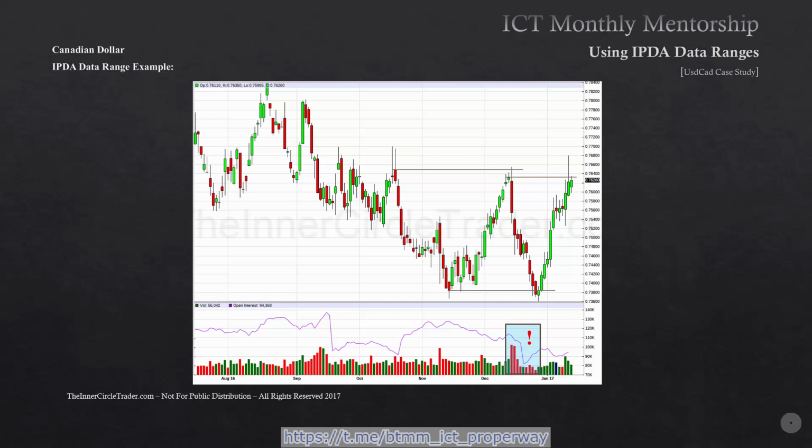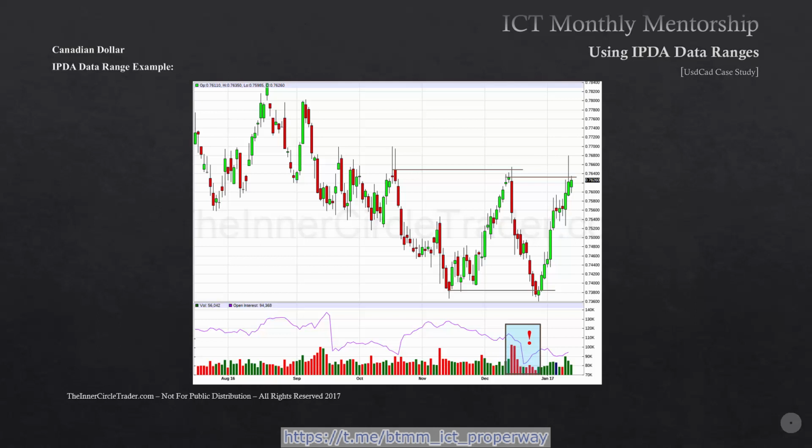The Canadian dollar's futures contract rallied from around 73.80 up to 76.40, which is a very respectable range. Price comes back down, runs the bodies of the candles that were formed as a low in November 2016. Price comes down again, looking for another shift in the marketplace. It runs out the sell stops below the 73.80 level with an old low.